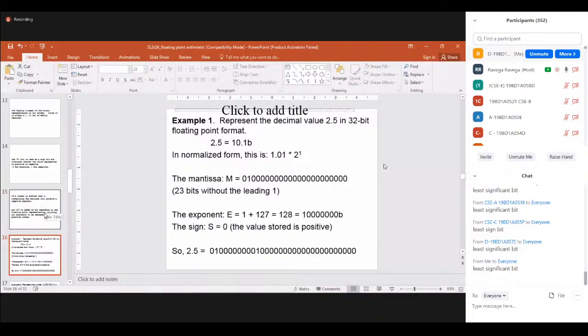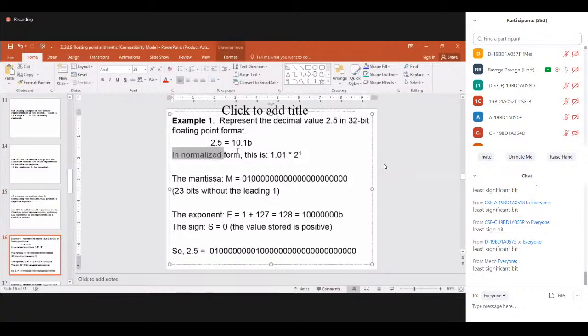Example 1: represent the decimal value 2.5 in 32-bit floating point format. This is just like what you have seen previously. 2.5 is equal to 10.1 in binary.